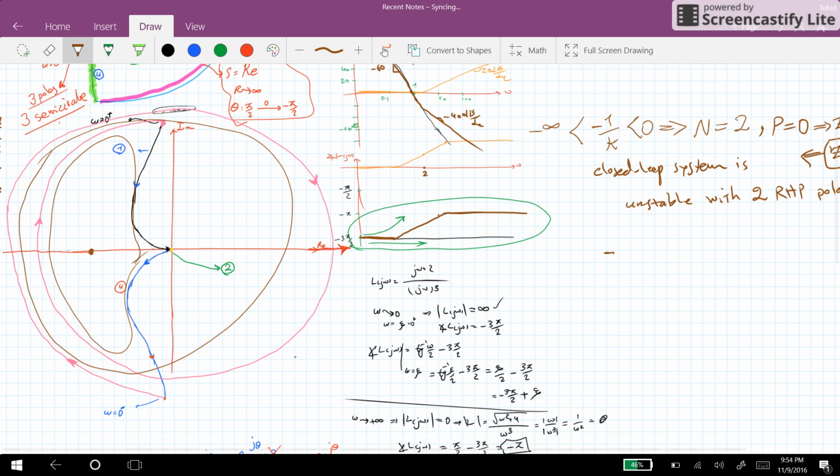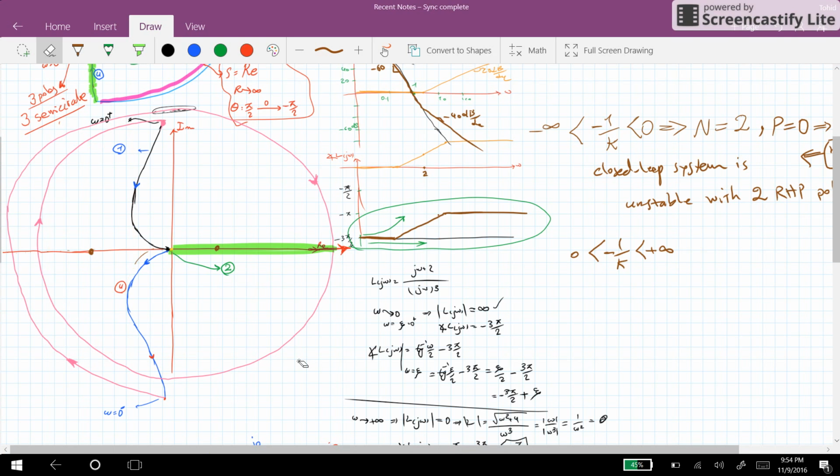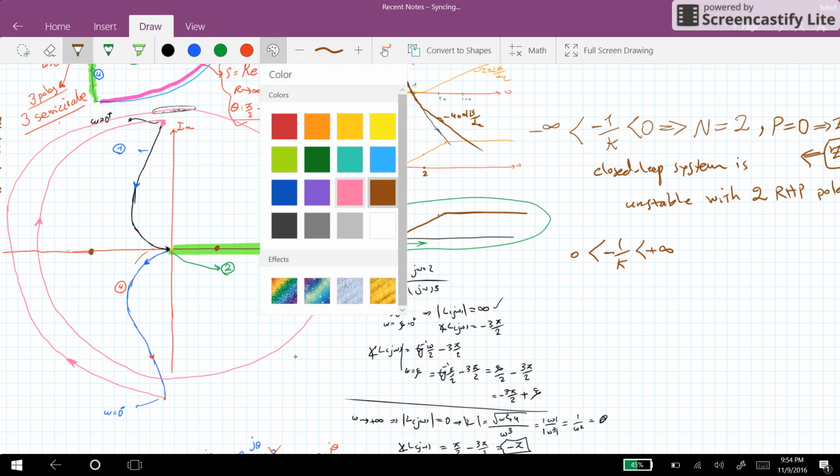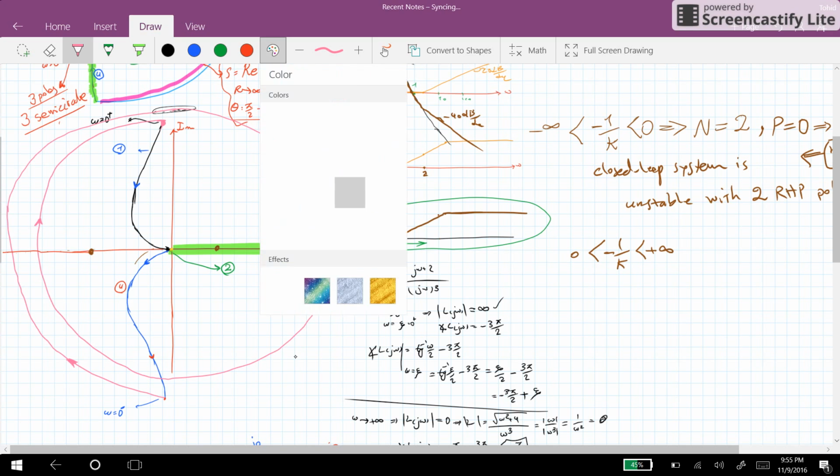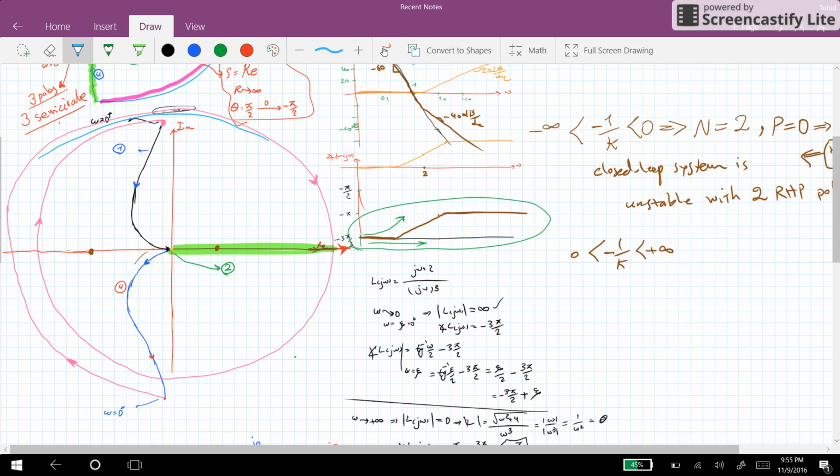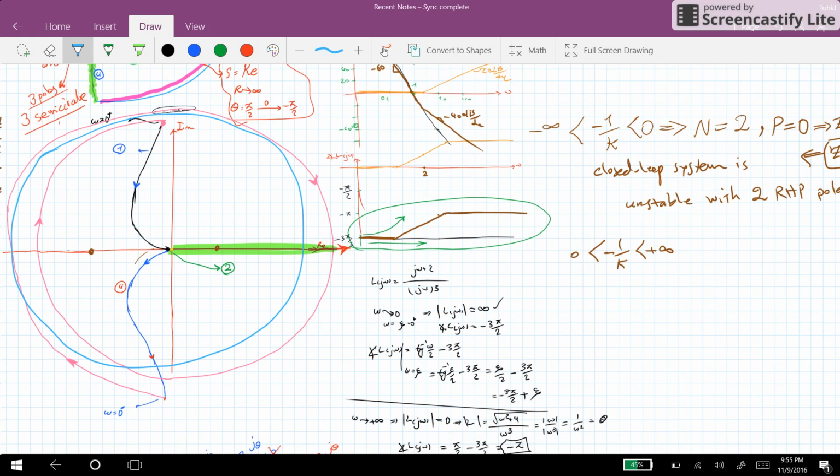For minus 1 over k between 0 and plus infinity, for any point in that region, let me just erase the encirclements that I had drawn for the system. For any point in this region, we can see that there is only one encirclement. The Nyquist plot goes around that point only once.